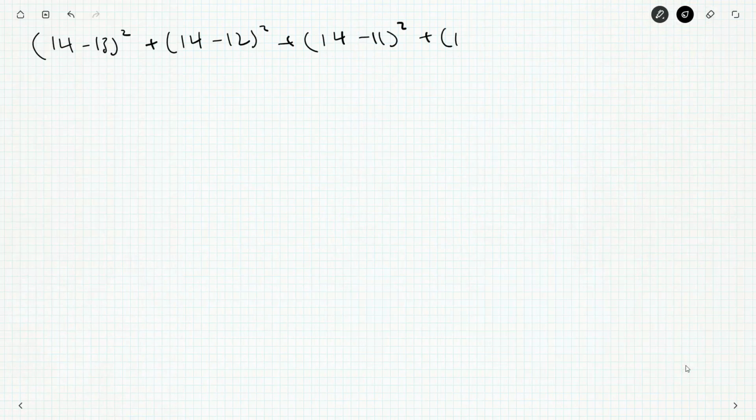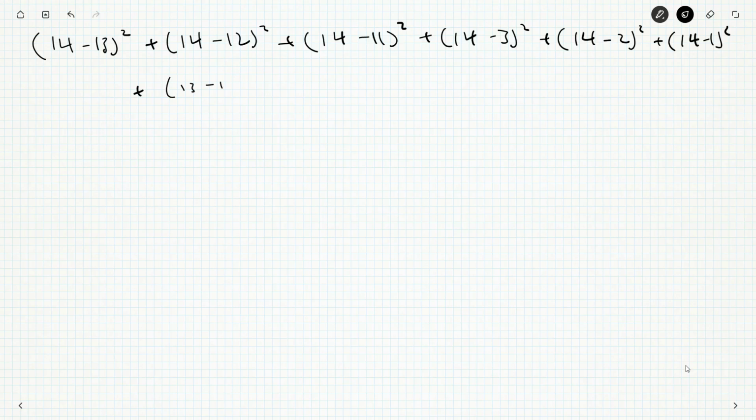So, if I can figure out the sum, I'm not going to write the whole sum out, but I'll show you how you might start making a little chart for it.